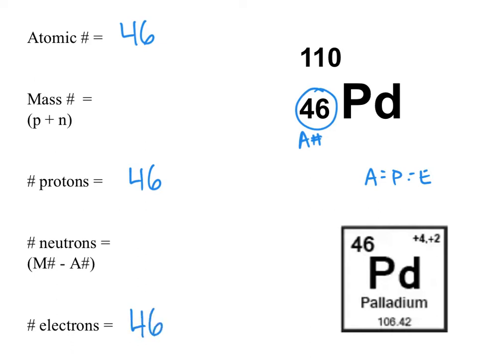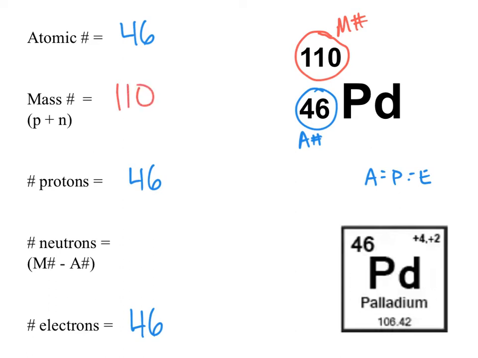Same number. Now we have to figure out what the mass number is. Well, this right here is my mass number. So I can go ahead and write 110 right there.